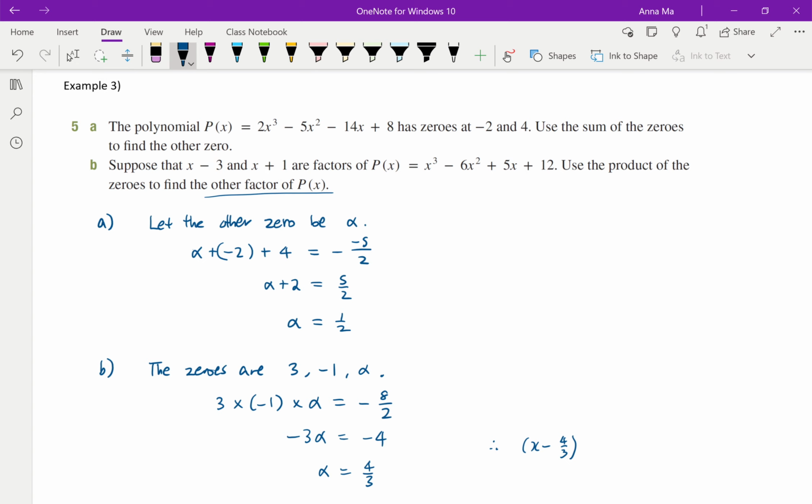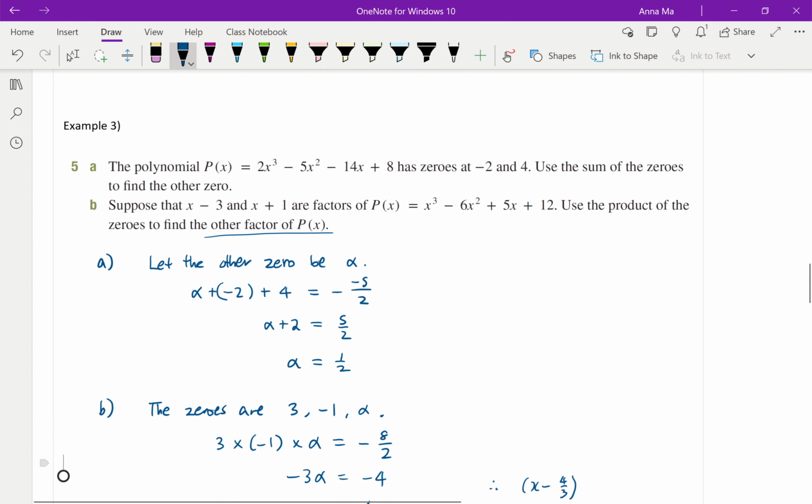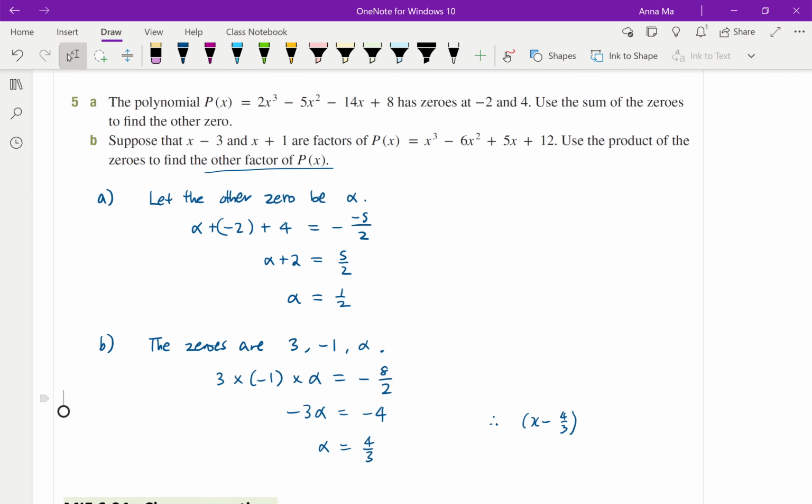I'm trying to think whether it has to be 3x minus 4. Or would it be the same thing? As long as it's divisible, I don't think there's an issue with it. So yeah, sometimes you can use sum of zeros, sometimes you can use product of zeros, but if the question specifies, you're going to have to use that method.